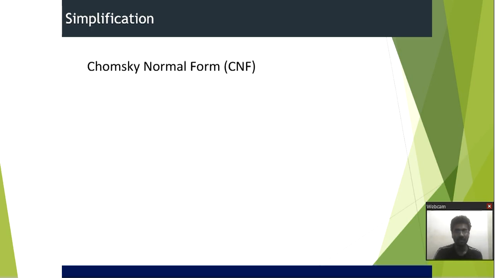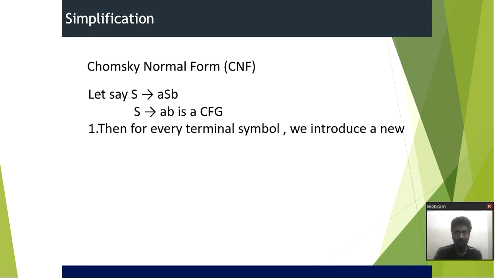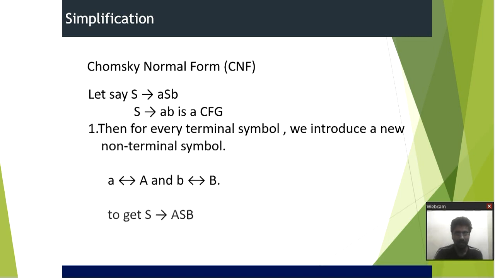Now let's take an example for Chomsky normal form. Suppose we have a grammar, let's say S goes ASB and S goes AB, which is a CFG. Then for every terminal symbol, we introduce a new non-terminal symbol. That is, the small a becomes A and small b becomes B, to get S goes ASB.